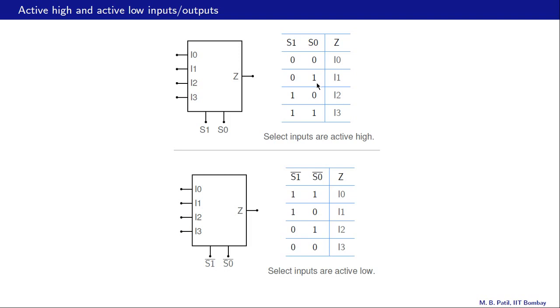And similarly for S1 bar. If S0 bar is 1, then that corresponds to S0 equal to 0 in this table. So in other words, this second table is obtained from the first table by simply inverting all of these entries. So that is how this active high and active low terminology works.